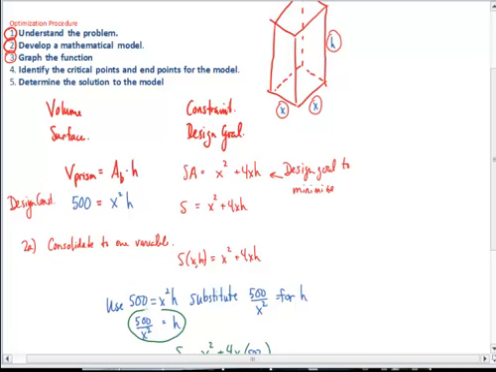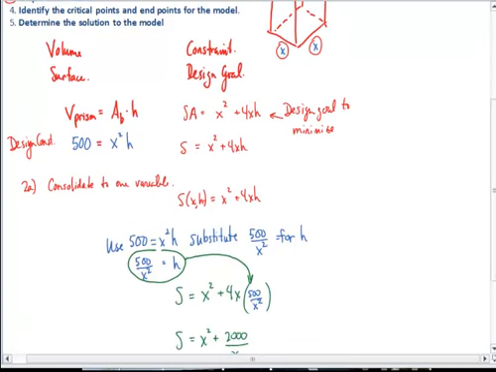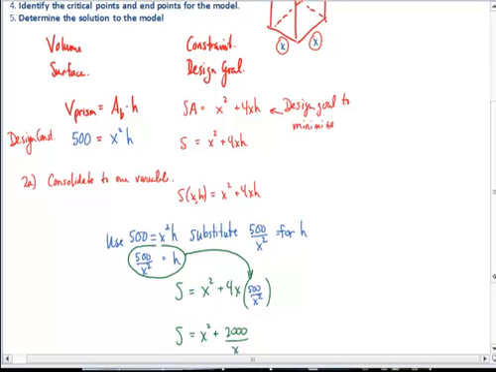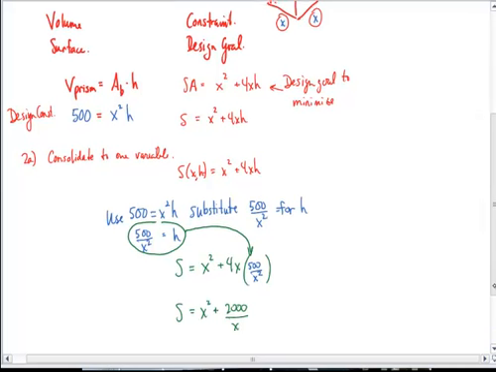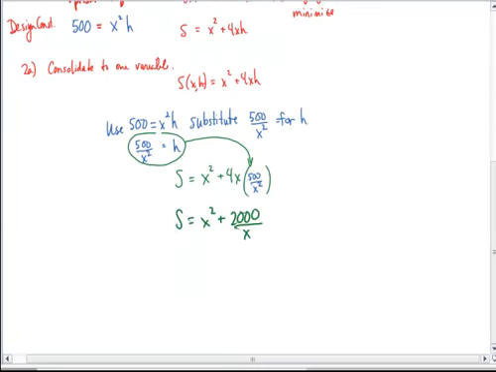We're going to take that quantity and plug it in to where the h used to be, and simplify the expression, so now we just have a single function of surface area with a single variable. The next step would be to graph this function on the graphing calculator. So I'd like you to graph this function on the graphing calculator and see where the critical points would be and what the endpoints would be for this optimization problem.